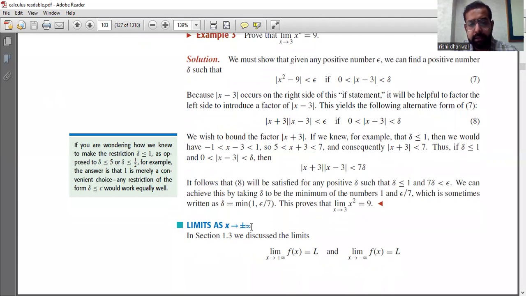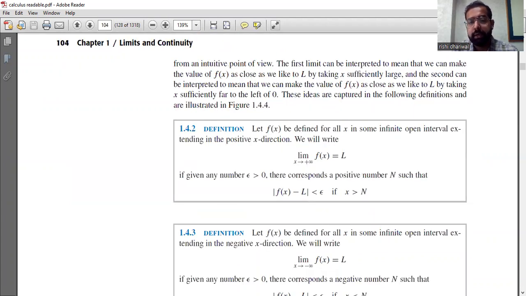Limits as x approaches positive or negative infinity means limit as x approaches positive infinity and limit as x approaches negative infinity. Definition: let f(x) be defined for all x in some infinite open interval extending in the positive x direction. Extending in the positive x direction means x is approaching positive infinity.